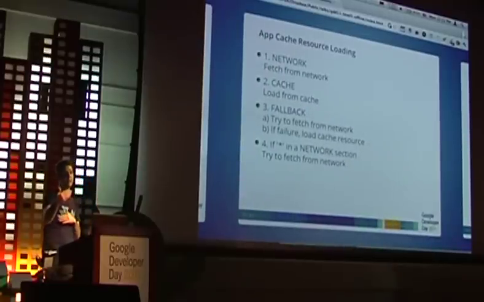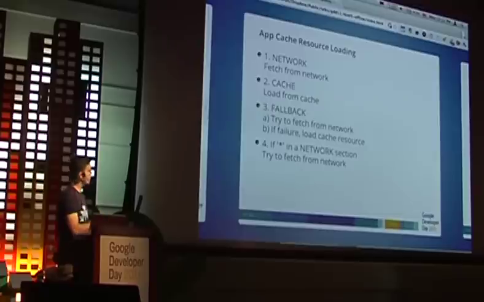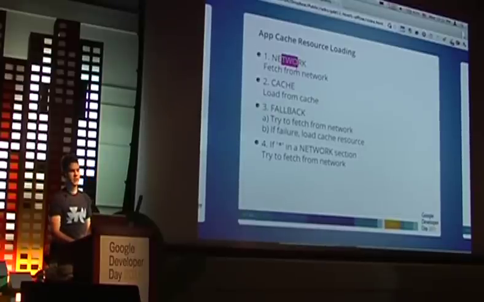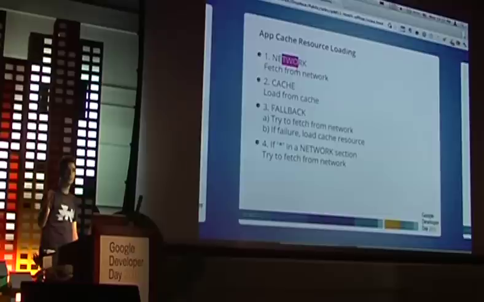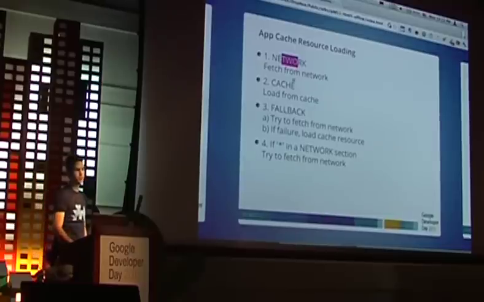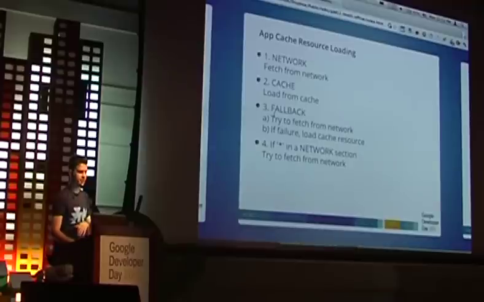And then the next time the page loads, it's going to load it from the cache. And so it goes in this order, where anything listed inside the network section is going to be attempted to be requested. Then it's going to go into cache and load all those files that you've listed there and bring those up. It's going to go through the fallback section and first try and pull those down from the network. And if they fail, it's going to bring in the substituted in file.